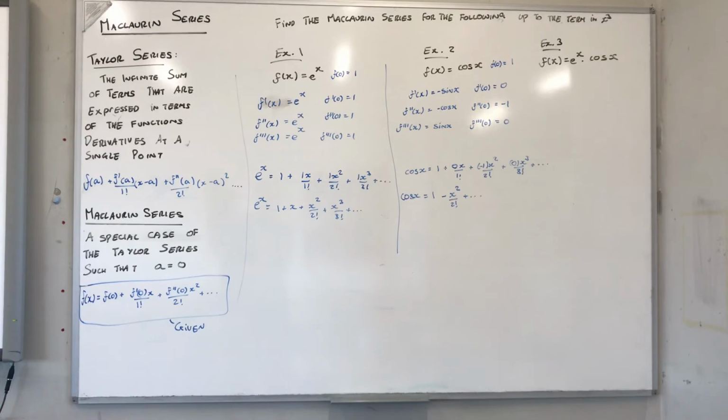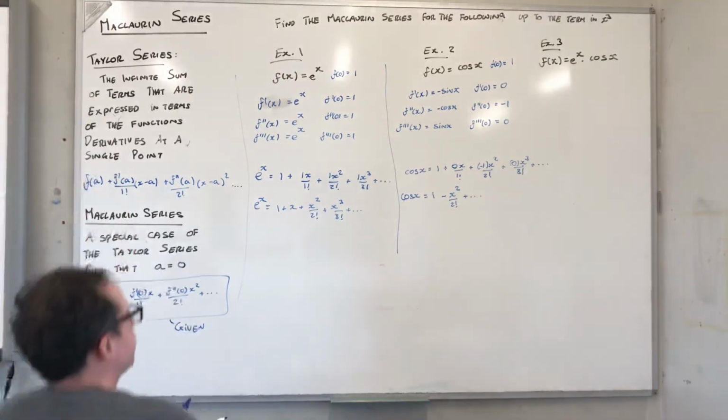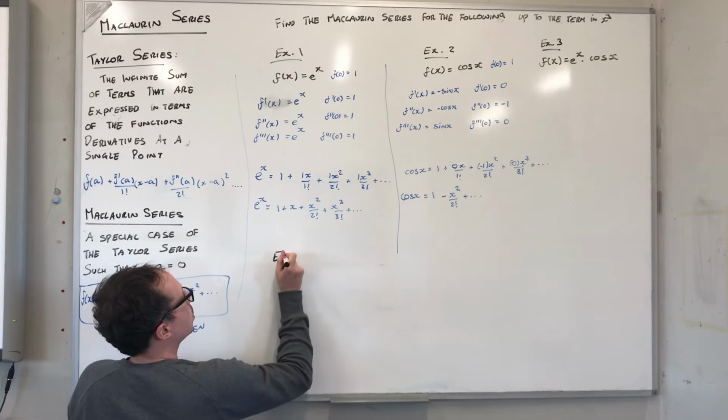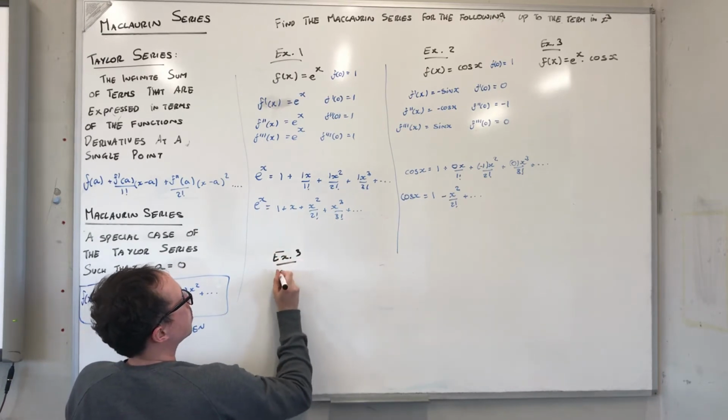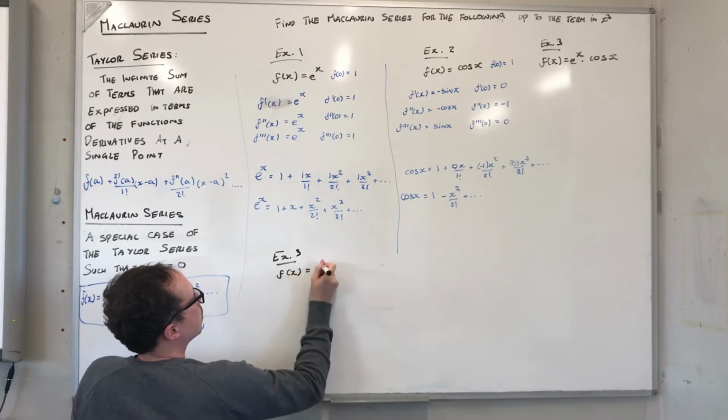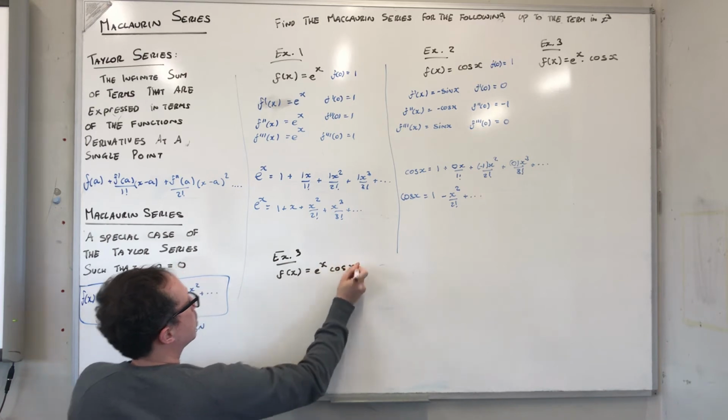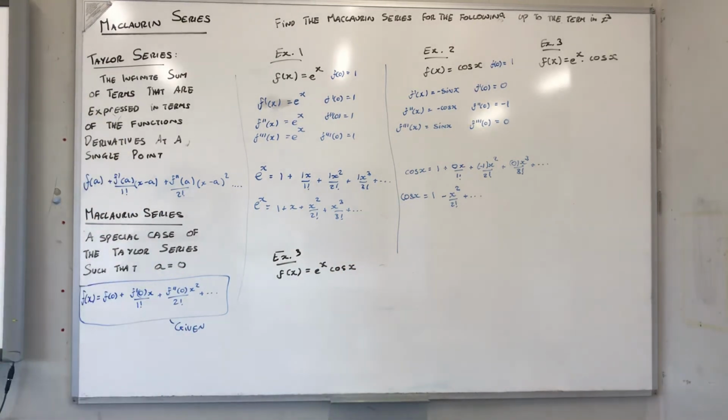Okay? So the most important thing to recognise about these is that we can calculate products of Maclaurin series. So you can see example 3, I'm not going to have to differentiate e to the x cos x and then differentiate that and then differentiate that and then differentiate that, because I've actually got the Maclaurin series for e to the x and the Maclaurin series for cos x. I can just multiply them. So I'll write it in there for a bit more space.